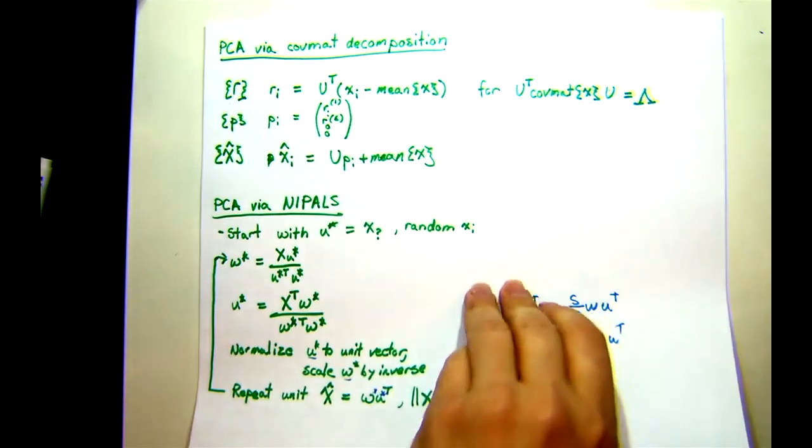Okay, so NIPALS is only going to give you the first couple principal components. It'll give you the first just by doing exactly what we said. To get the second, you subtract the first from X, then you estimate based on that, and you can get a couple principal components that way.